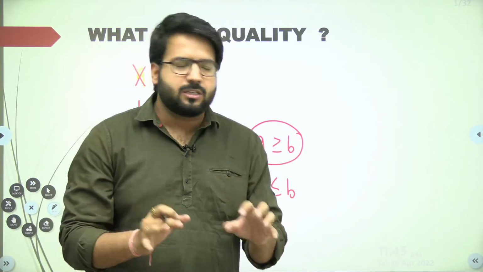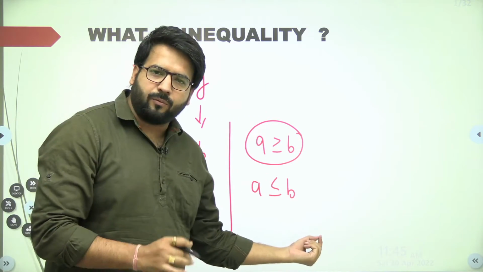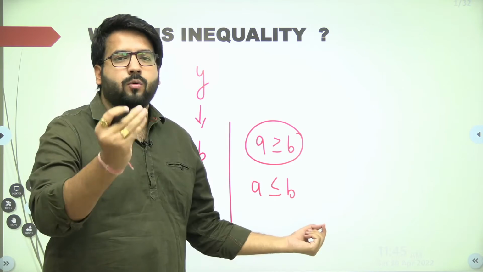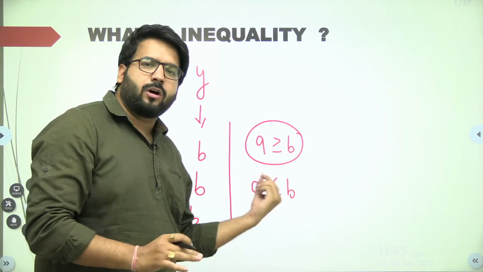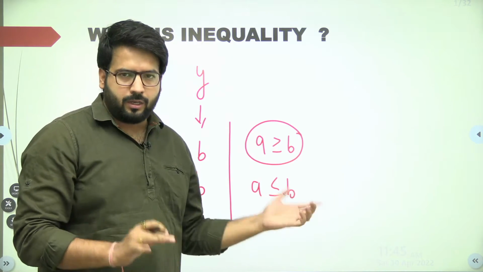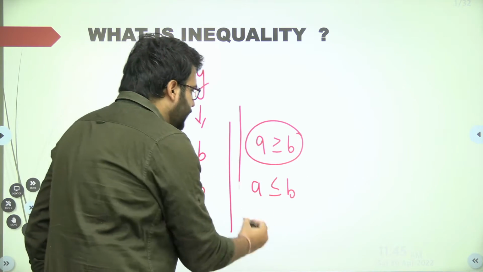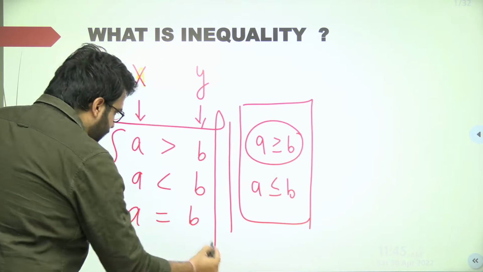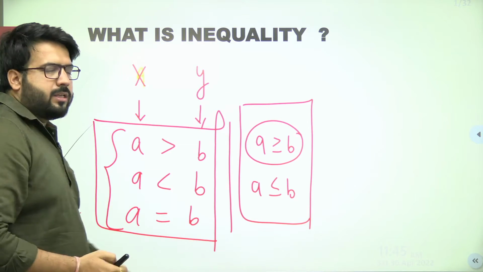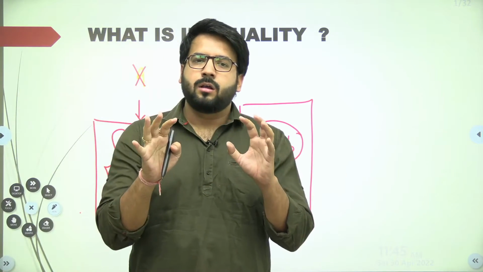This means A is less than B or A is equal to B. So here it is also not confirmed whether A is less than B or A is equal to B. Is it clear? So these inequalities are known as indefinite inequalities, and these are known as definite inequalities.